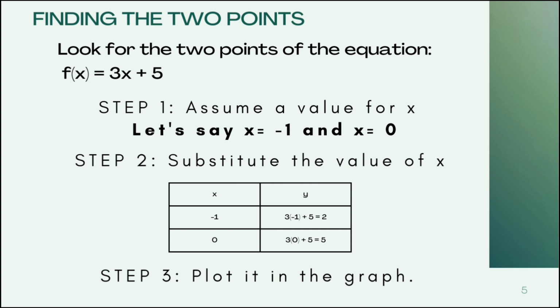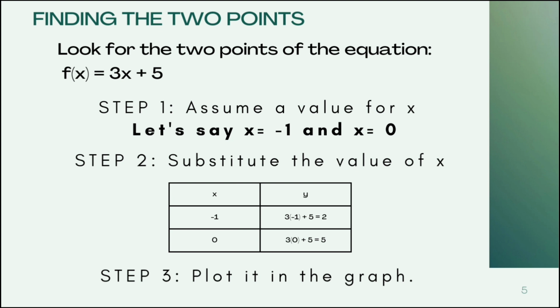Step 1. Assume a value for x. Let's say x equals negative 1 and x equals 0. Step 2. Substitute the value of x. Write a table with x and y. If x equals negative 1, then y equals 3x plus 5. Y equals 3 times negative 1 plus 5. Y equals negative 3 plus 5. Y equals 2.